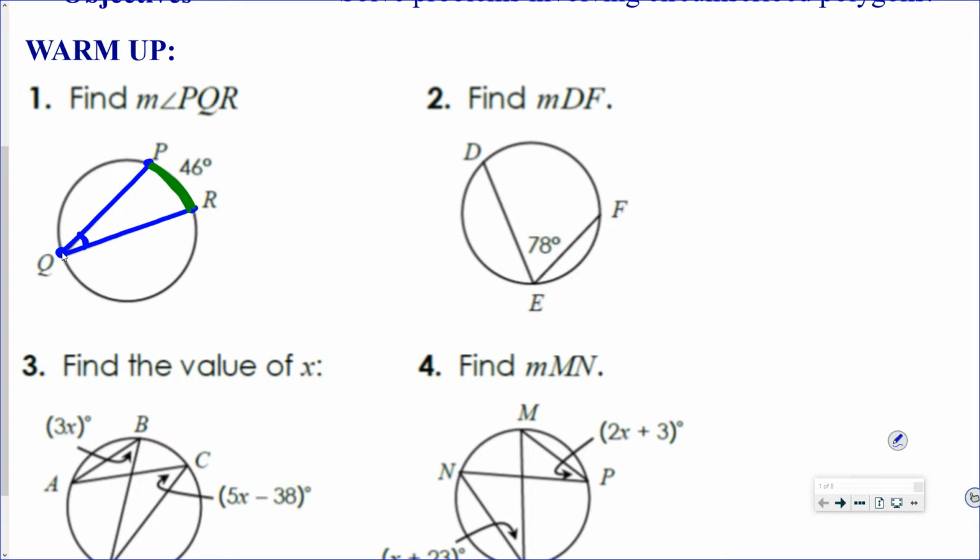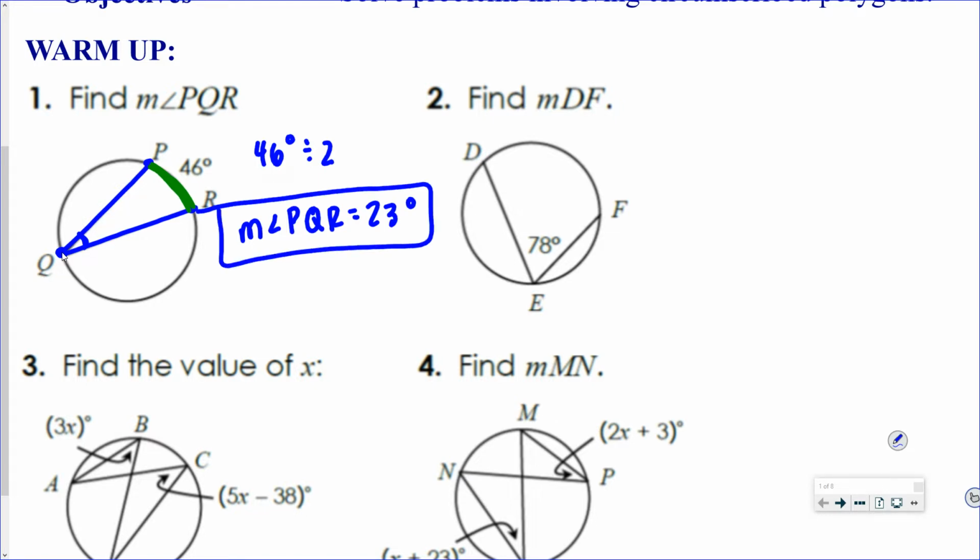Good job. So half of 46 is 23 degrees since we're measuring an angle. Good. Just half of that. So this one is kind of going the other way. We know what the inscribed angle is, and so I know that angle is half of this measure, but this time I don't know that measure.